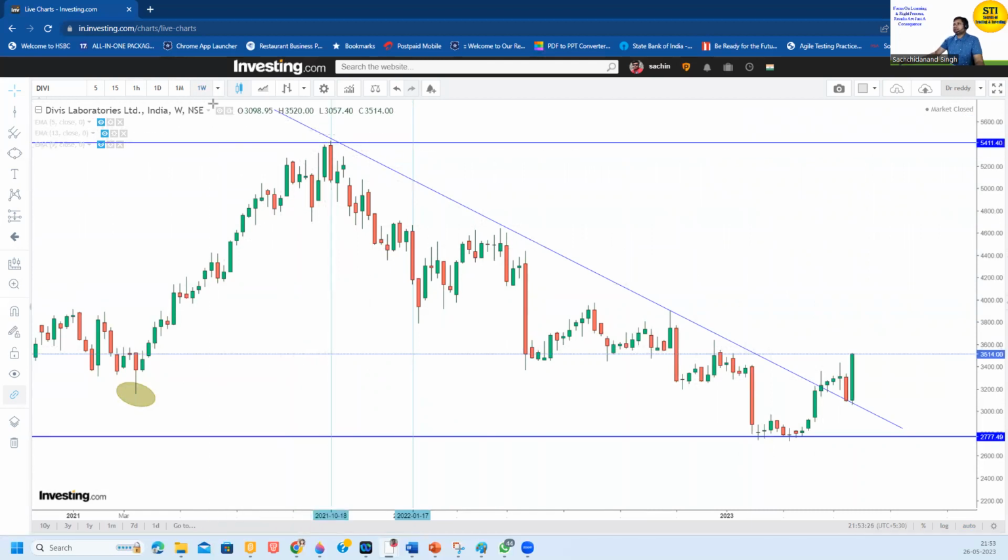This is the weekly time frame, and this particular resistance line is touched one, two, three, maybe the fourth time it is broken.